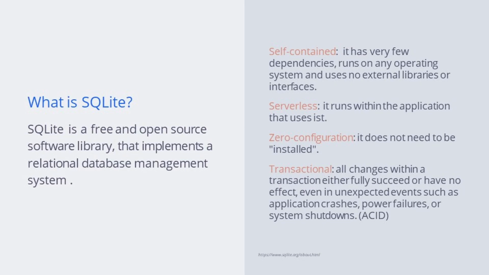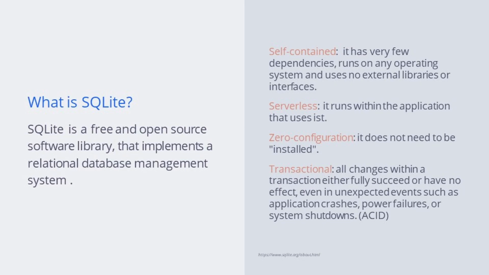That means it can run within the application that uses it. In this case, DB Browser for SQLite can easily run without any other dependencies. It is a zero configuration library. That means you don't have to install anything special to use it. You can just use the files if you want, even without something like the DB Browser. And it's transactional.